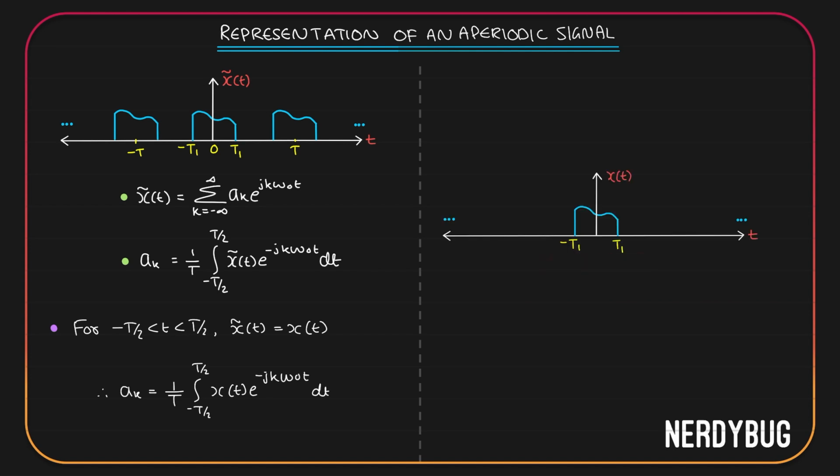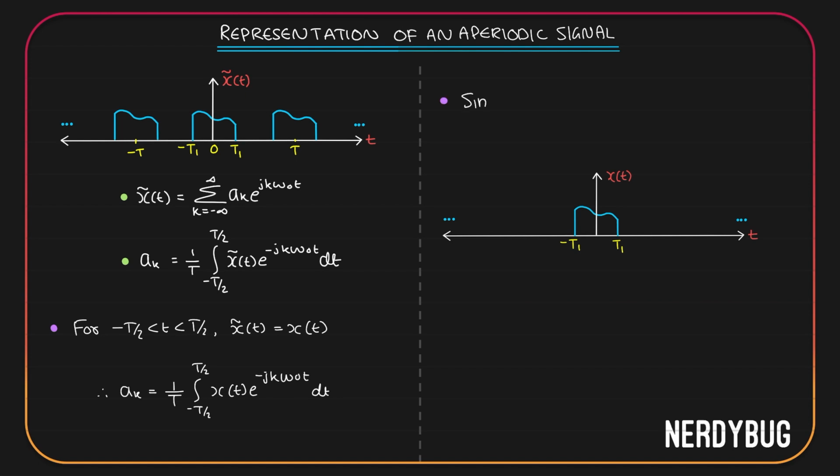But x(t) looks like this. It only has non-zero values from -T1 to T1 only. Everywhere else it is 0 anyway. So do we really have to integrate from -T/2 to T/2? We can write it as minus infinity to infinity. It won't make any effect.